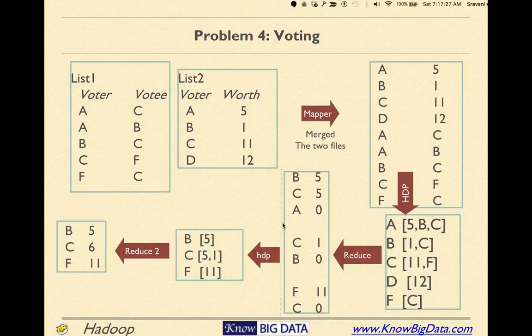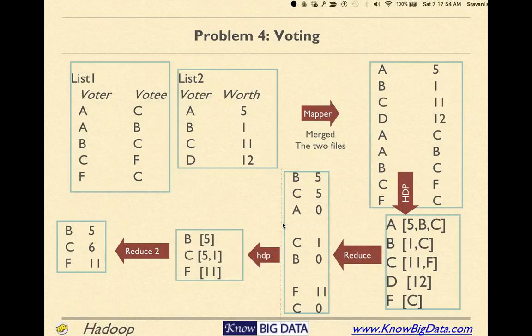If you just put list 1 and list 2 in a folder and run the MapReduce, it will get the input as if it's a single file. If you don't do anything in the map, you just print the records as such.